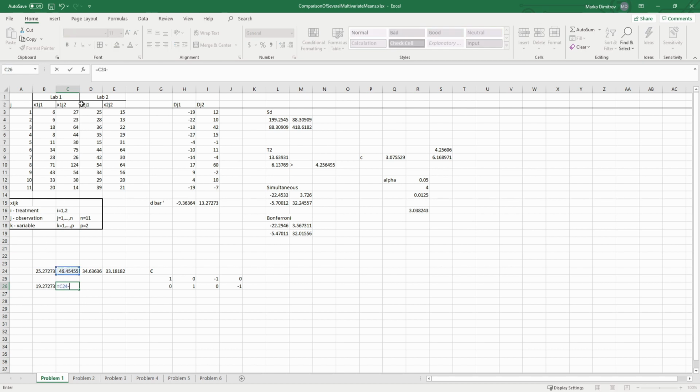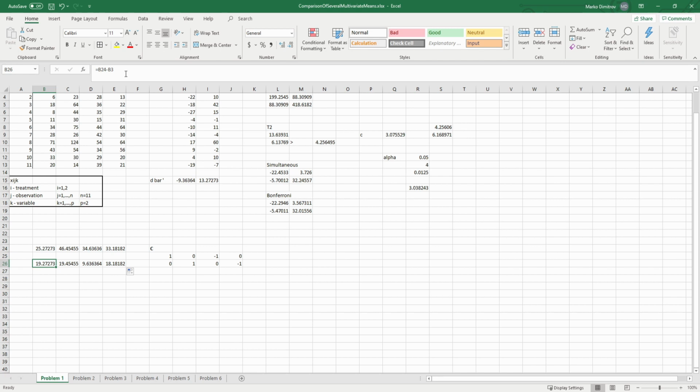That way, when we compute the value, let's first fix the means. We need 11.